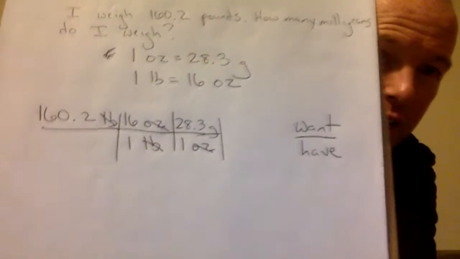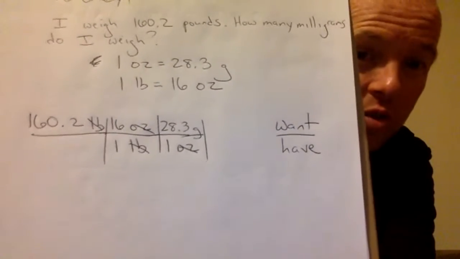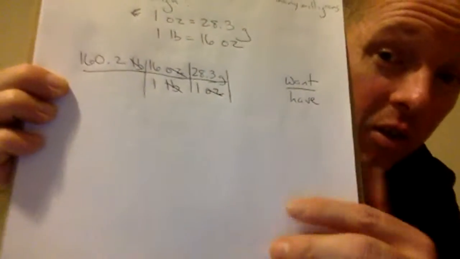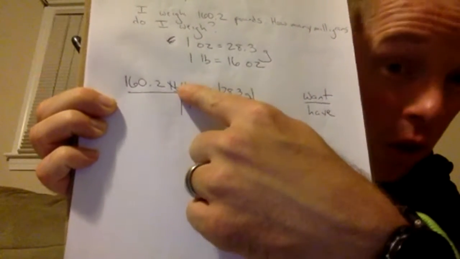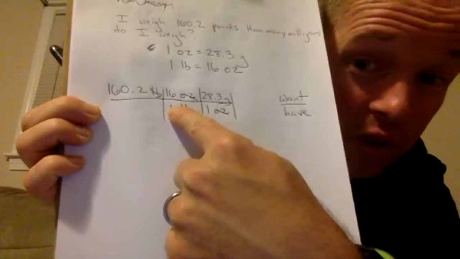So in this case, I've got to worry about rounding. Now we've multiplied and divided, and dimensional analysis is all multiplication and division. So it's going to be really easy to figure out sig figs, because all you've got to do is look at this first number right here. That number has 4 sig figs. Our answer's got to have 4 sig figs.